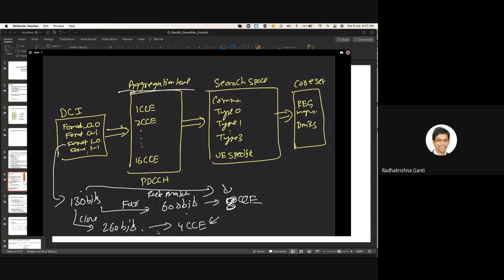So for example, remember SIB0, core set 0.